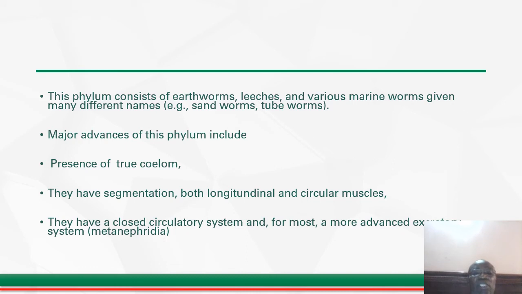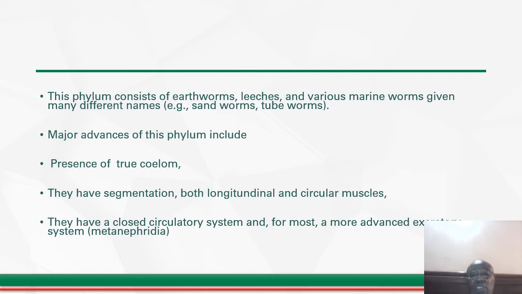This phylum consists of earthworms, leeches, and various marine worms, given many different names, such as sandworms, tubeworms, and so on. So the major advances of this phylum include the presence of a true coelom. They have segmentation, both longitudinal and circular muscles, and they have a closed circulatory system, unlike the previous phyla that we have discussed.